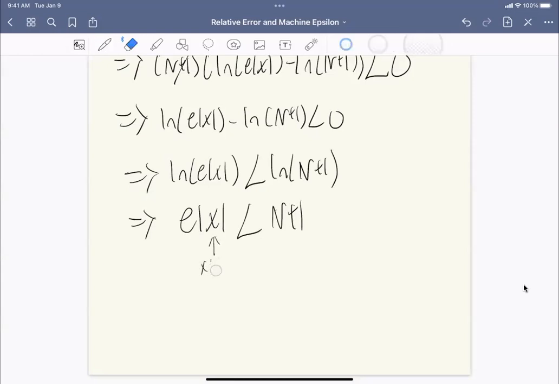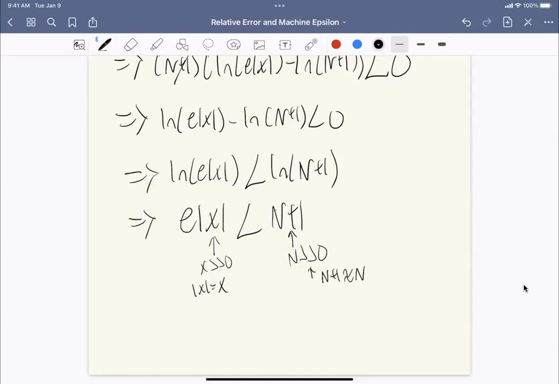Whoop, that's the opposite. X is very large, and also n is very large. So since we know that x is very large, the absolute value of x is just equal to x. And in this case, we're going to assume that n plus 1 is approximately the same as n, since n is very large.